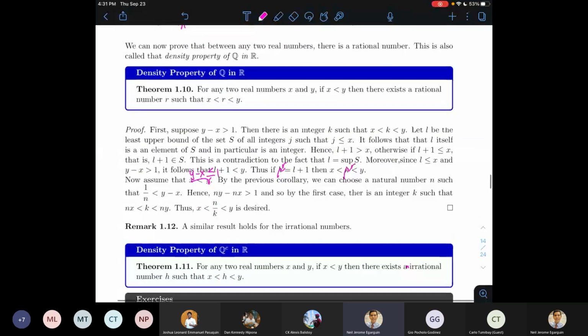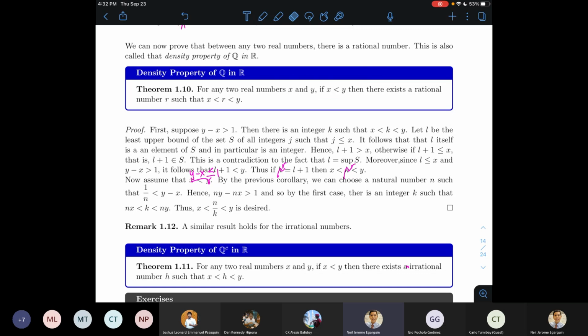Okay. Now moving on. This is a very nice result, and this is the density property of Q and R. So it says here that this is theorem 1.10. For any two real numbers x and y, if x is less than y, then there exists a rational number r such that r is between x and y.